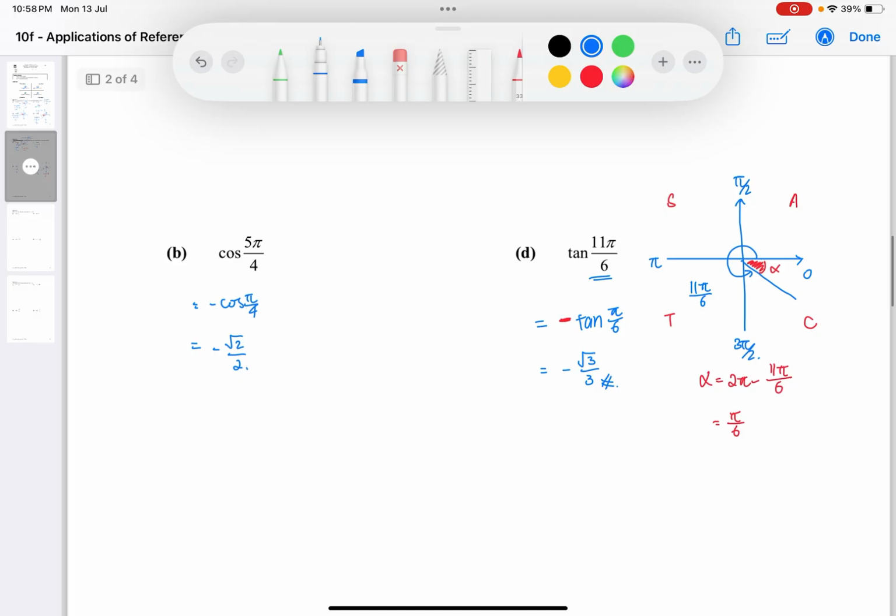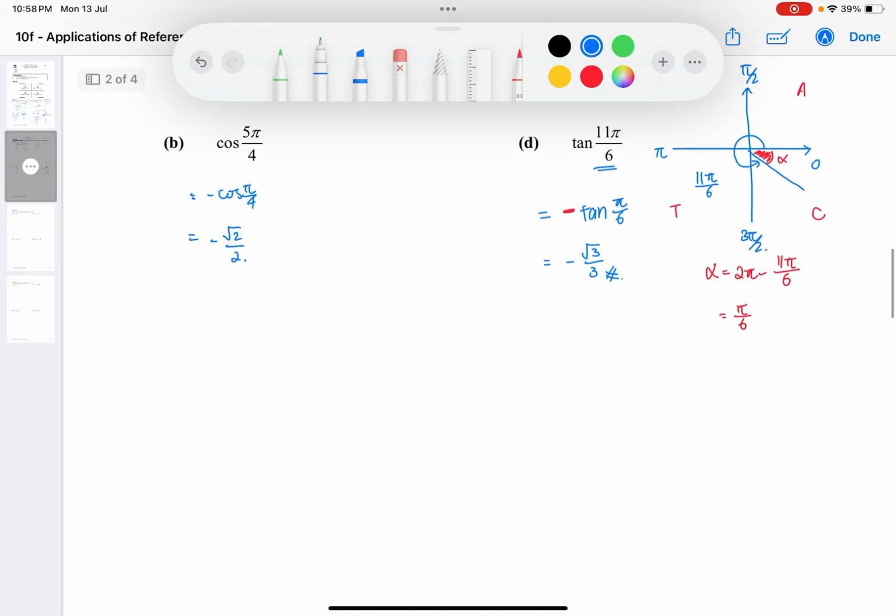So far we have covered when the angle is between 0 to 360. We have also done when the angle is in radian mode, 0 to 2 pi. What happens when we go beyond 360, or even before 0 degrees?